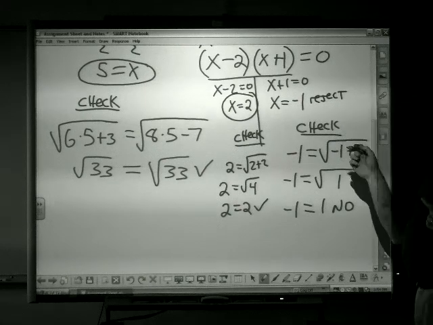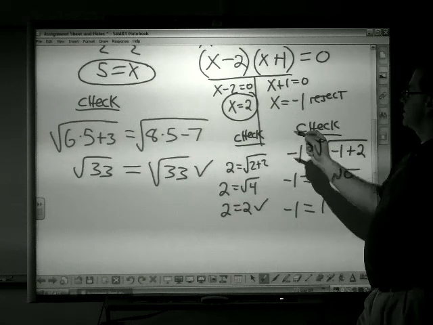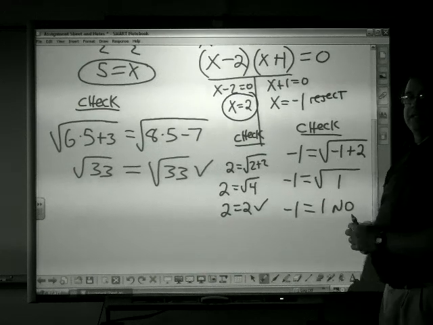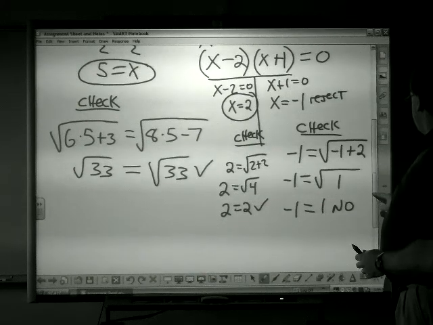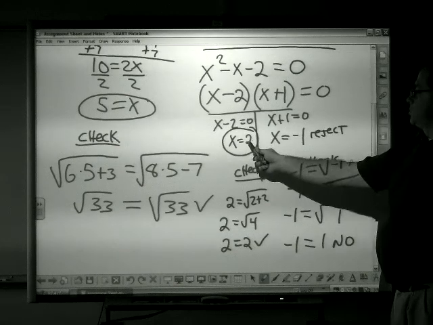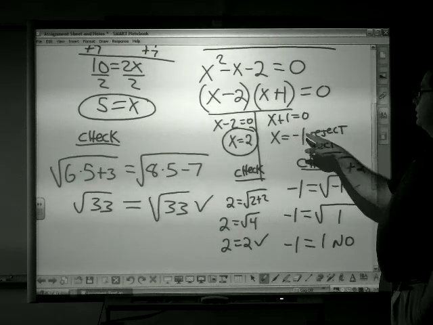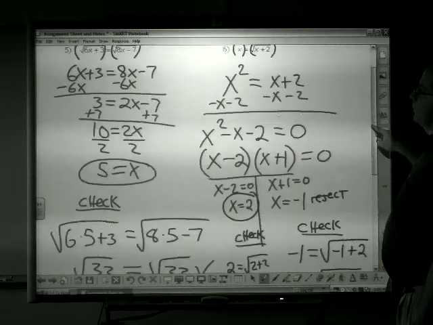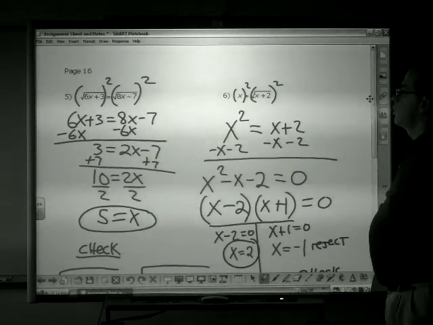We don't cross it off, we don't scribble it out, we don't erase it. We write the word reject there, and that gets you another point when you take the test. Okay? So our solution is only 2, not also the negative 1. And that is solving square root equations.